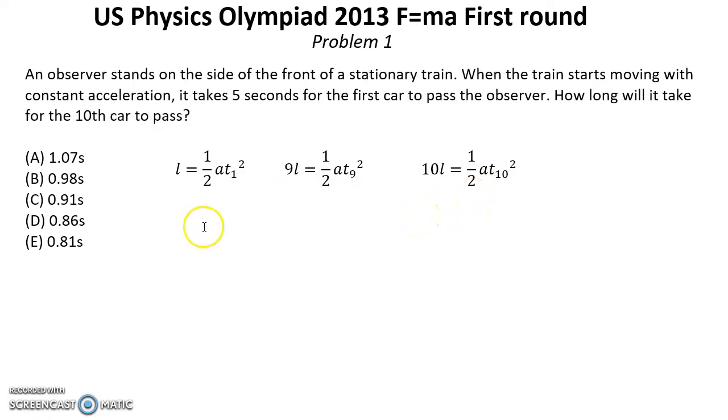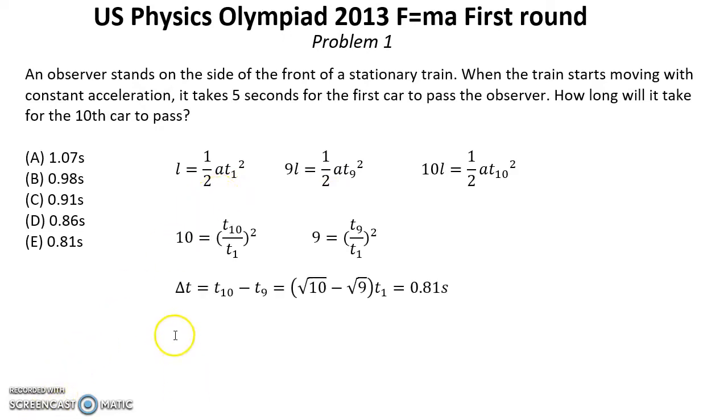Now we can divide the third equation by the first equation and the second equation by the first equation, which gives us these two relations. T10 over T1 squared equals 10 and T9 over T1 squared equals 9.